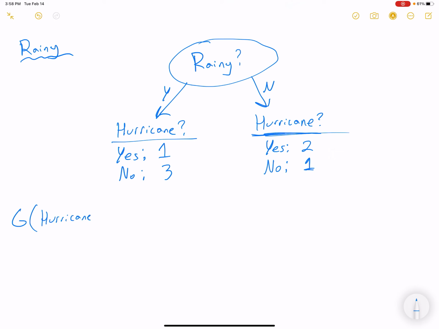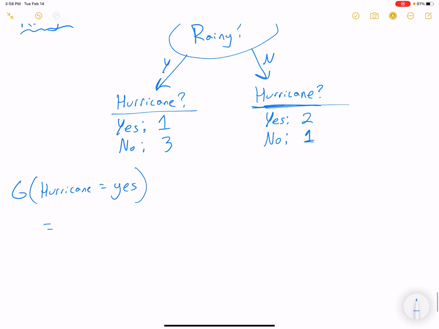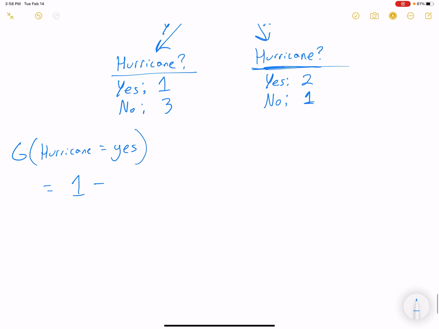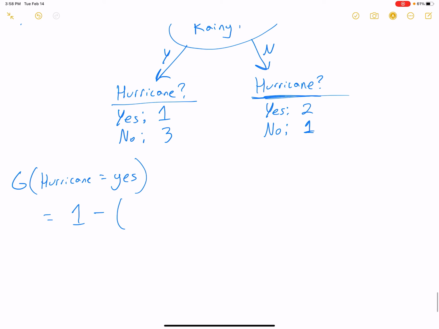So the Gini impurity for rainy equals yes is, using our formula from above, 1 minus the probability of it being a hurricane given that it is rainy, squared, minus hurricane being no, squared. And this happens to evaluate to 0.375.